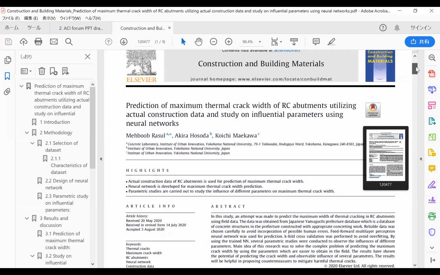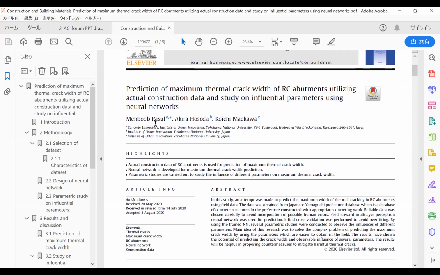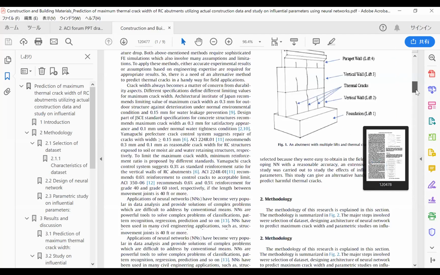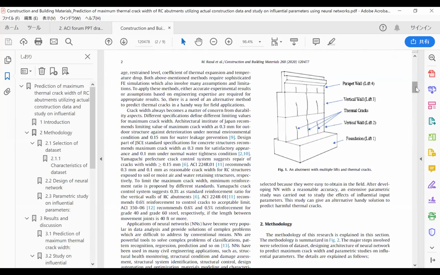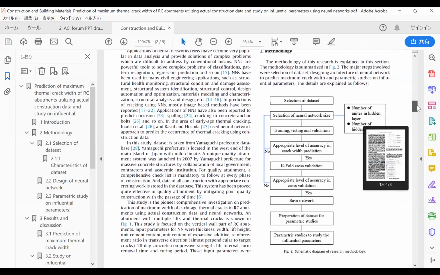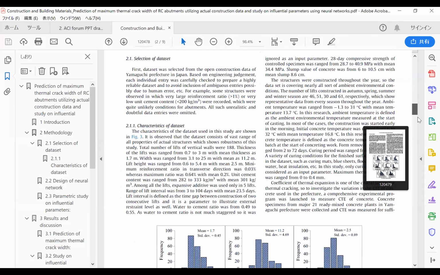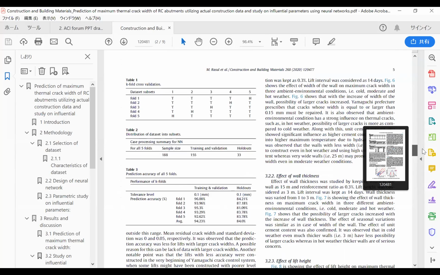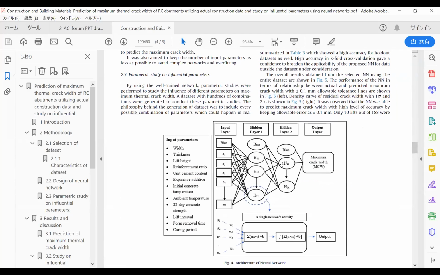This is his journal paper, with the same figure, and the neural network methodology is also explained. Maybe you know neural networks, right? His target was predicting maximum crack widths utilizing the Yamaguchi Prefecture database.